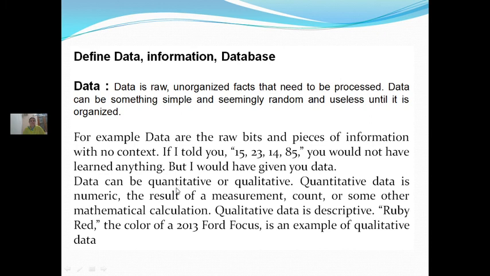Quantitative data is numeric, the result of a measurement, count, or some other mathematical calculation. Qualitative data is descriptive. For example, ruby red, the color of a 2013 Ford Focus, is an example of qualitative data.